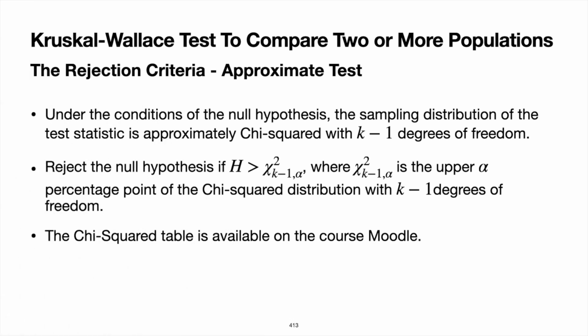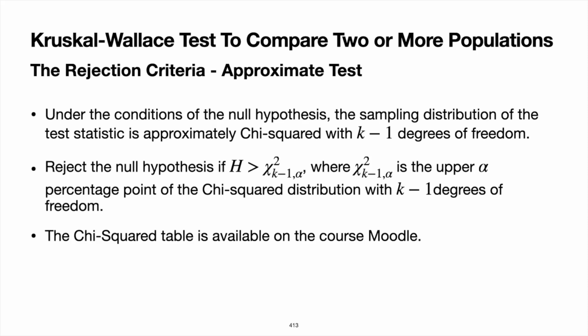How do we assess the significance of a particular value of our test statistic? Well, we've got to have some rejection criteria. For this test, we're going to use an approximation to the true sampling distribution of this test statistic. This is essentially a large sample approximate test, much like we did for the Mann-Whitney.